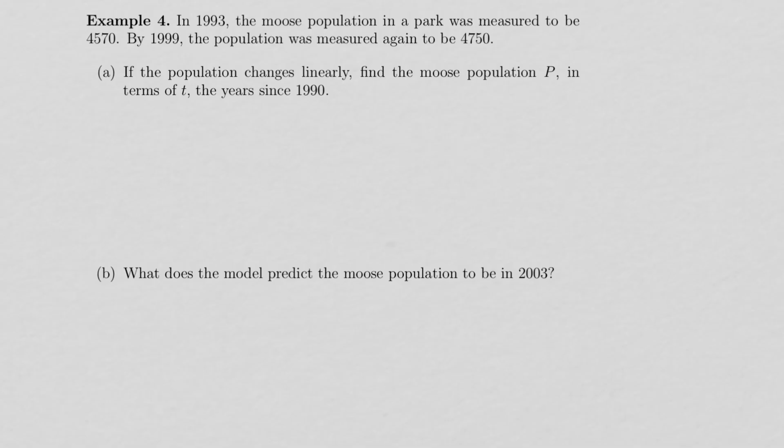If the population changes linearly, so again, we're assuming we can use a linear model, we want to find the moose population P in terms of T, but now T represents the years since 1990, okay? So again, let me make a little table. I think it's helpful just to have this table.